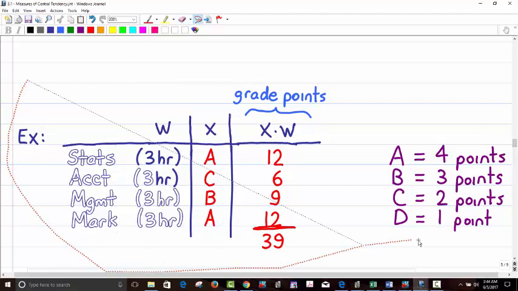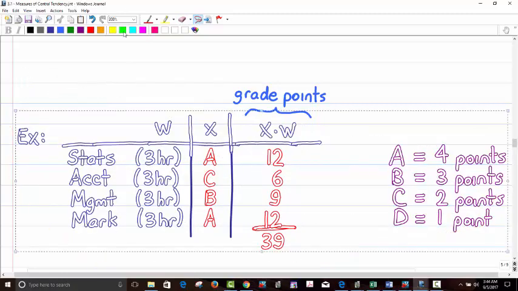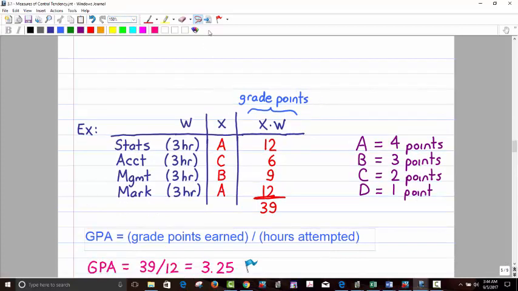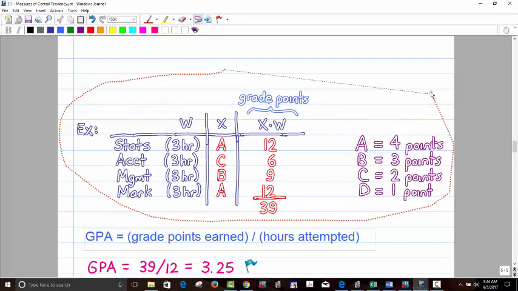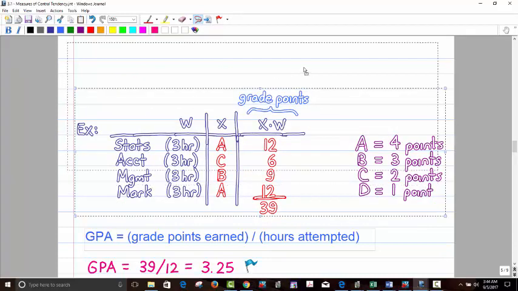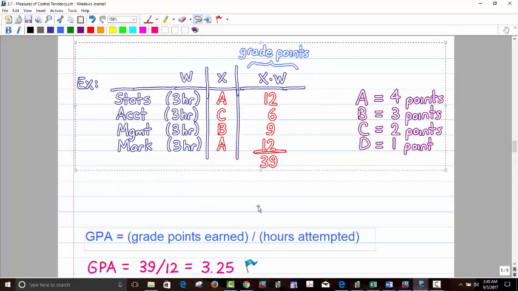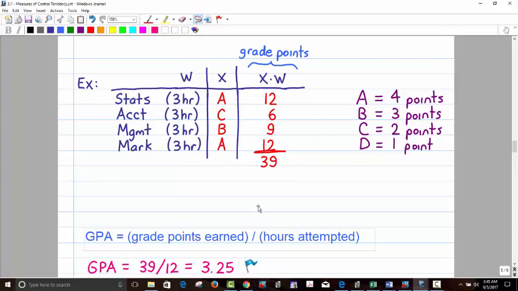And this one, I wouldn't worry too much about, but if you were calculating GPA, I like to use the weighted mean example more than I do this one. So let's say 4, 3, 2, 1, your standard GPA scale.